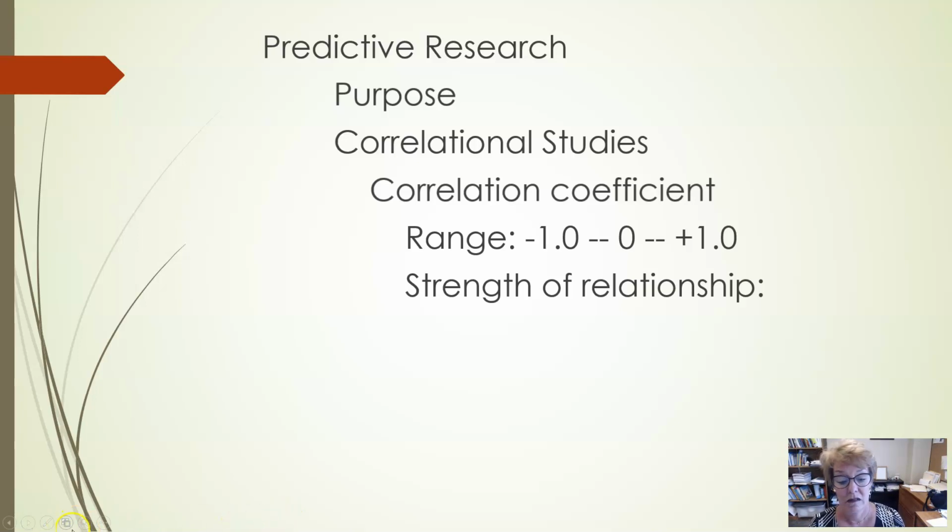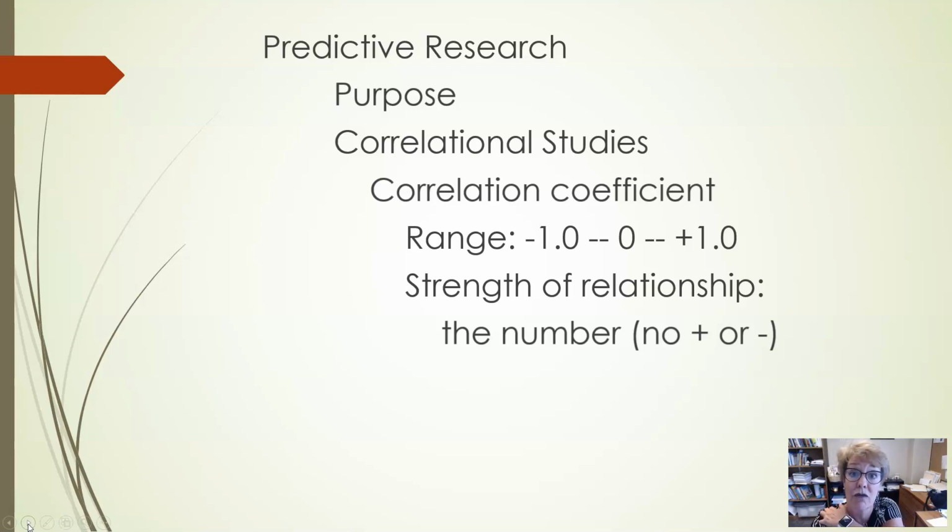So this is where you're dealing with the number and not the positive or negative yet. The strength is just dealing with the number. If you remove the positive and negative, and look at the absolute number, the absolute number that is closest to 1 without going over is the strongest. And the absolute number, no pluses and minuses, that is closest to 0 is the weakest.